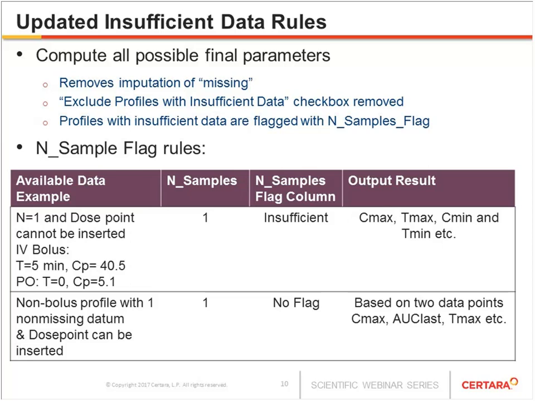You can actually insert a concentration at time 0 because the concentration is presumed to be 0. Now you have 2 concentrations, so it won't flag it, but it will calculate parameters, Cmax, AUClast, Tmax, and so on. And so this is a subtle change, but you can always look for the number of samples as a filter, and if you have a low number of samples, you might want to exclude those subjects from your analysis.